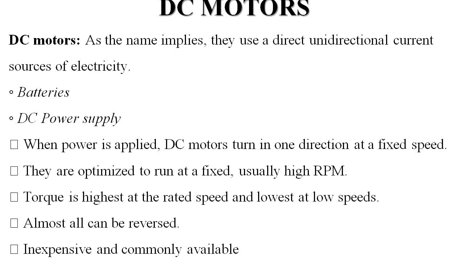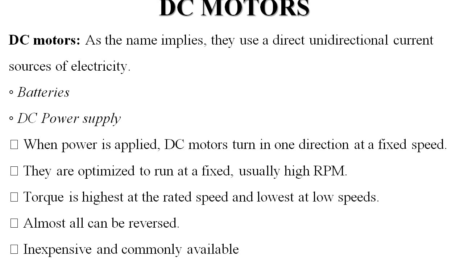Now DC motors, as the name implies, use a direct unidirectional current source of electricity. They use batteries and DC power supply. When power is applied, a DC motor turns in one direction at a fixed speed.